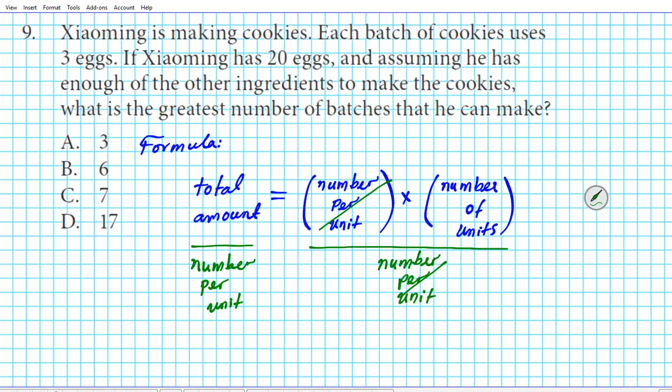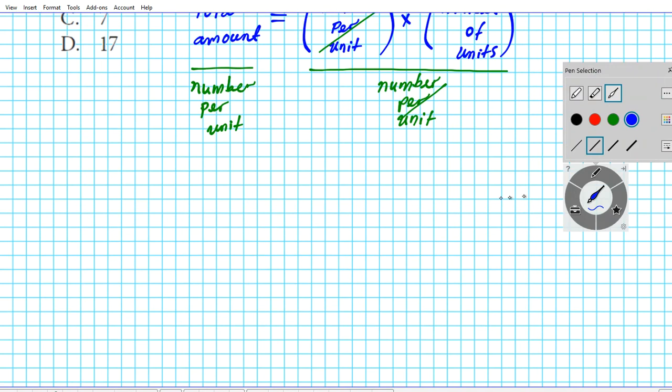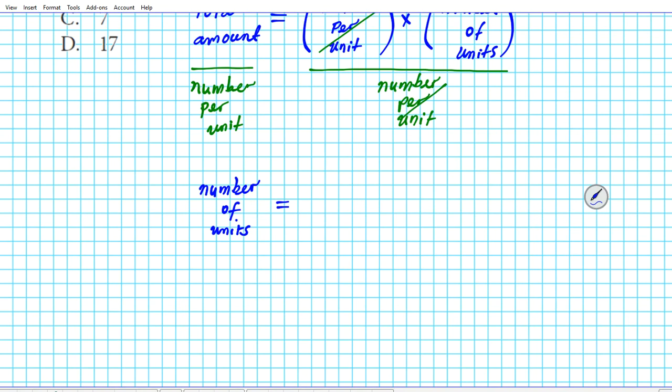And we have this formula, which is the number of units. That's what you have left on the right side after cancellation. Number of units is equal to the total amount divided by the number per unit. Isn't that nice? So this is another formula that you need to know.